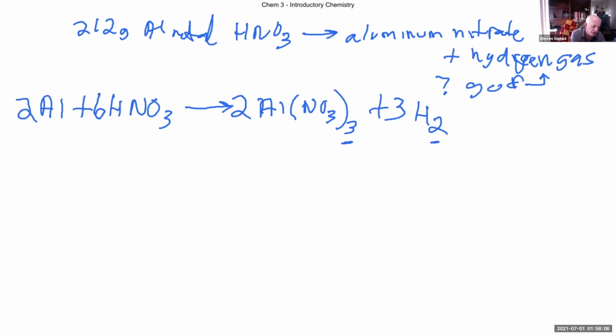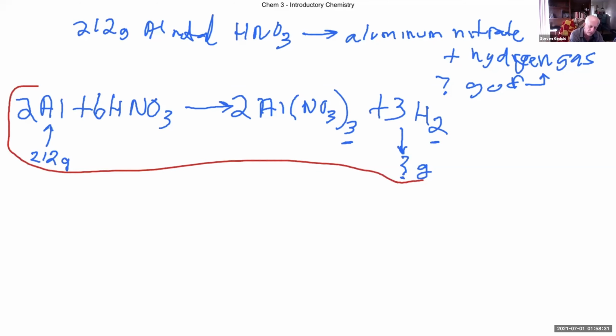And we said we're starting with 212 grams of aluminum. And I want to know how much hydrogen gas is being produced in grams. That's not an 8, that's a G. And that's a question mark. Okay, now we do not have to look at our words anymore.